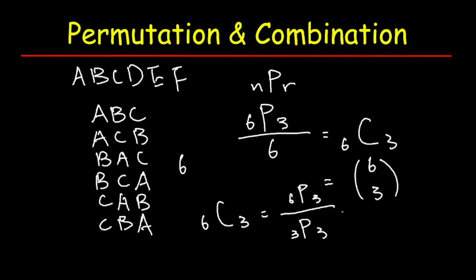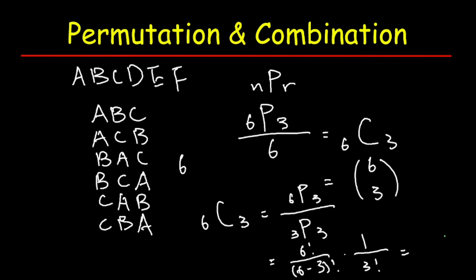And if we were to write this completely out using the factorial notation, remember that 6P3 is 6 factorial over 6 minus 3 factorial, and 3P3 is 3 factorial over 1.